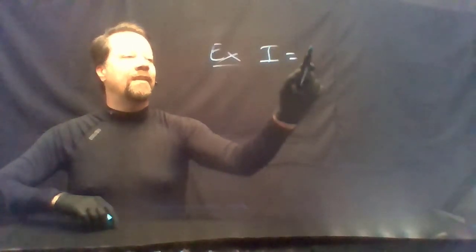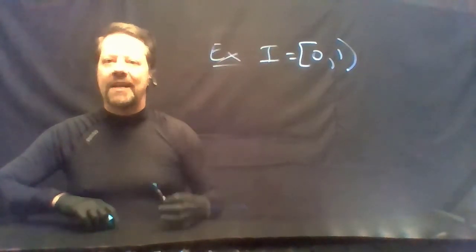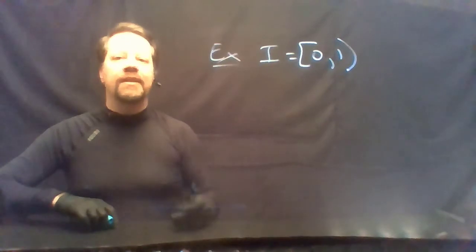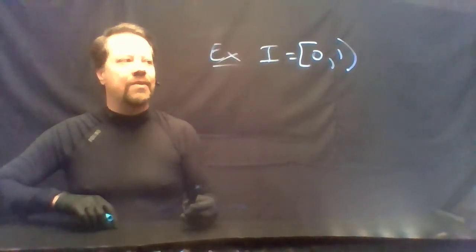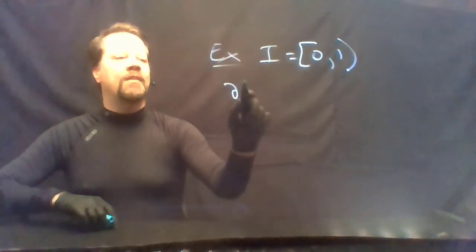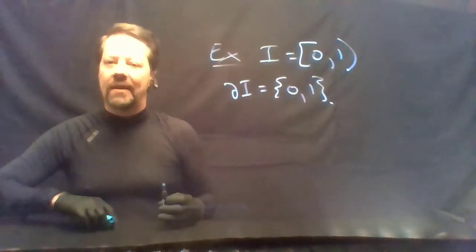If my interval includes 0 but excludes 1, sometimes we say this is half open, half closed. But in truth, this set is neither open nor closed. It's not closed because it does not contain its boundary point at 1. The boundary of this set is the set that contains both 0 and 1.